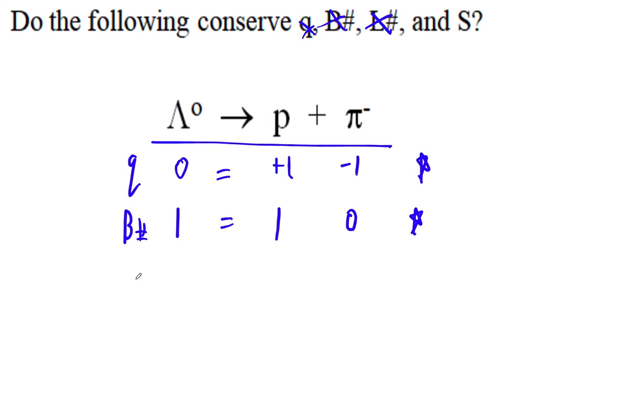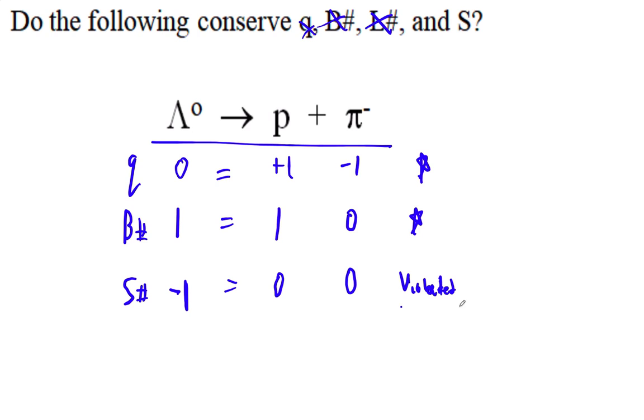Let's look at strangeness. Okay, I believe the lambda has a strangeness number. It does, -1. Okay, protons are not strange. I know that. Pions are also not strange. So, again, strangeness is violated, right?